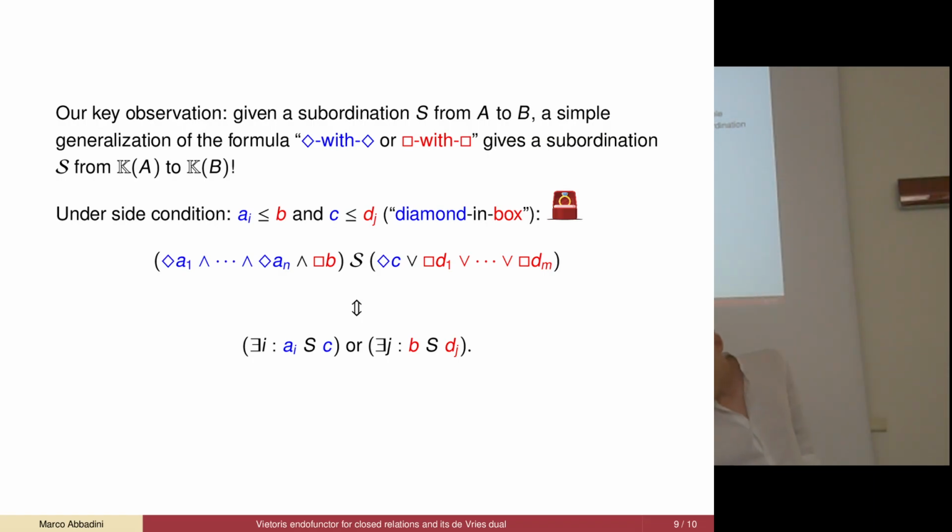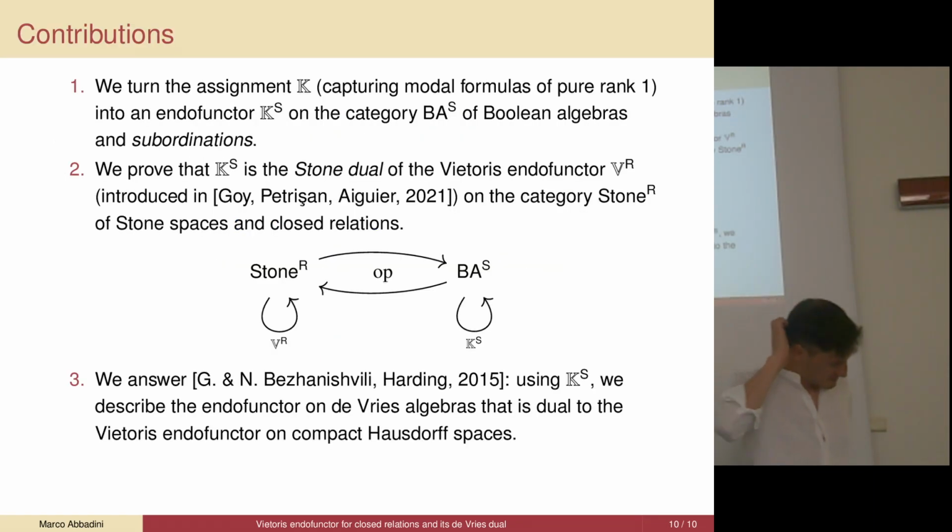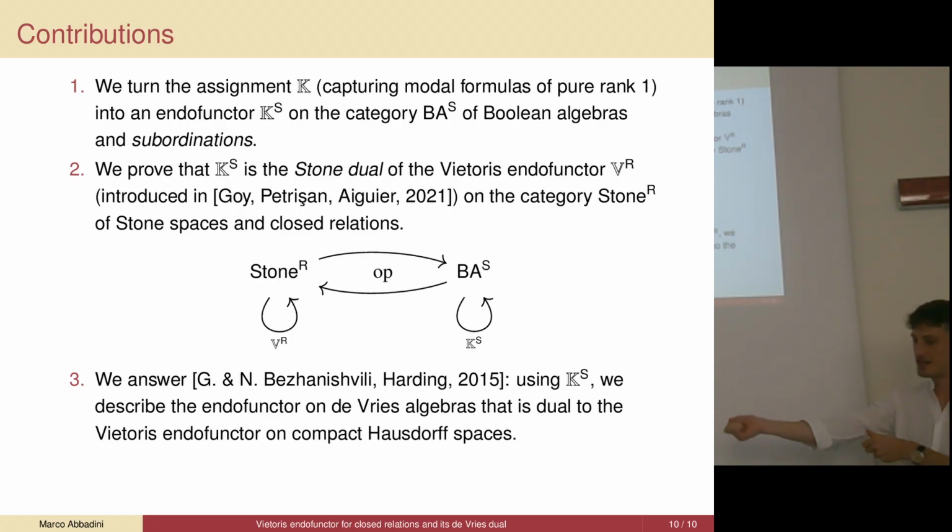But in the end, what we get, these are our contributions. We extend this assignment K, which captures modal formulas of pure rank 1, also to the setting of subordinations, not just Boolean homomorphisms. And so you can compare different K of different Boolean algebras also in this setting.